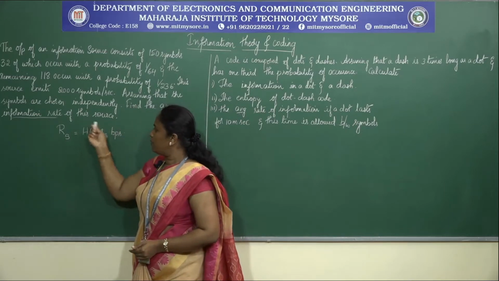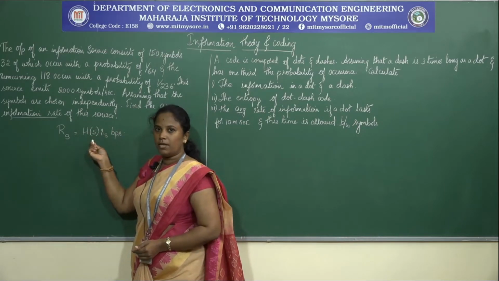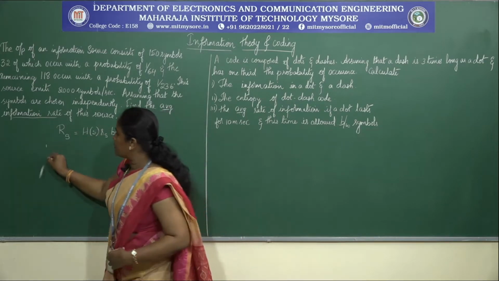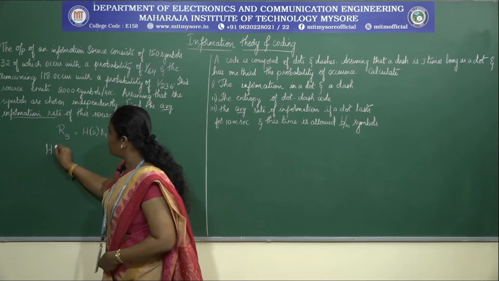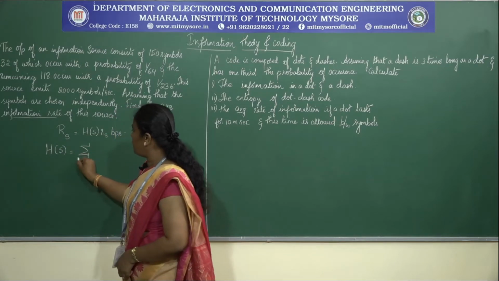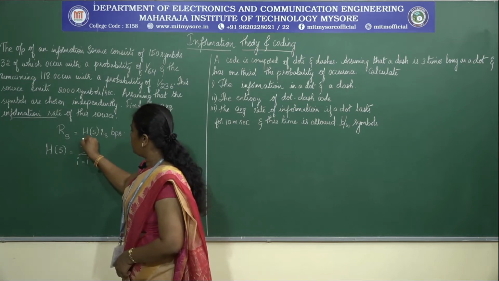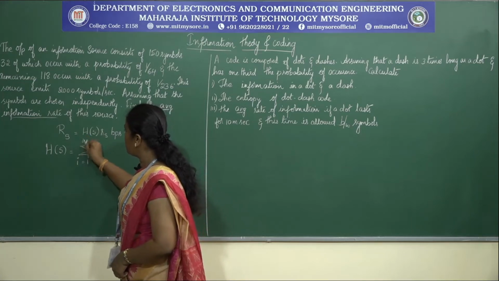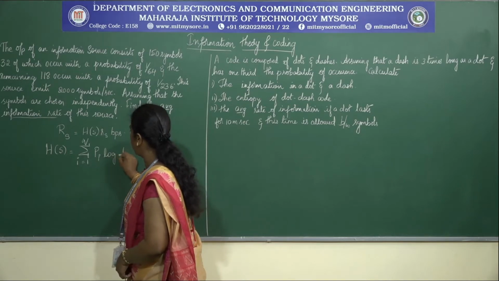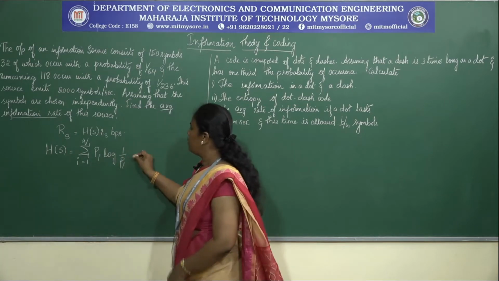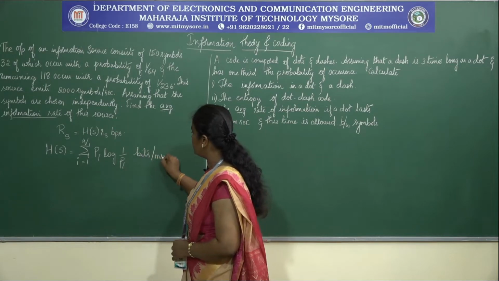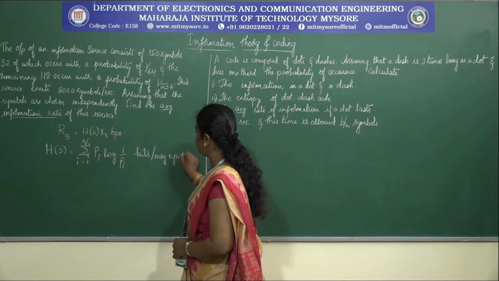Now we need to find the entropy, that is H of S. H of S is given by summation of i equal to 1 to Q, Pi log of 1 by Pi bits per message symbol.